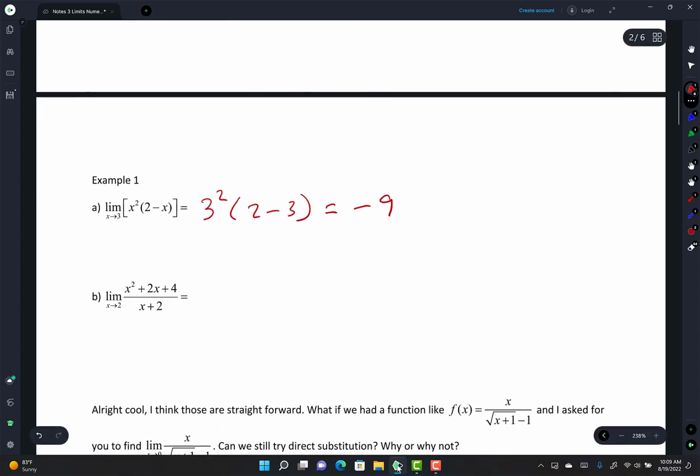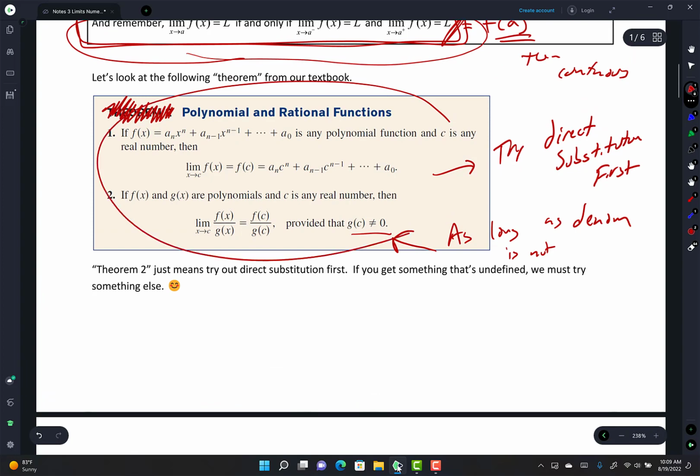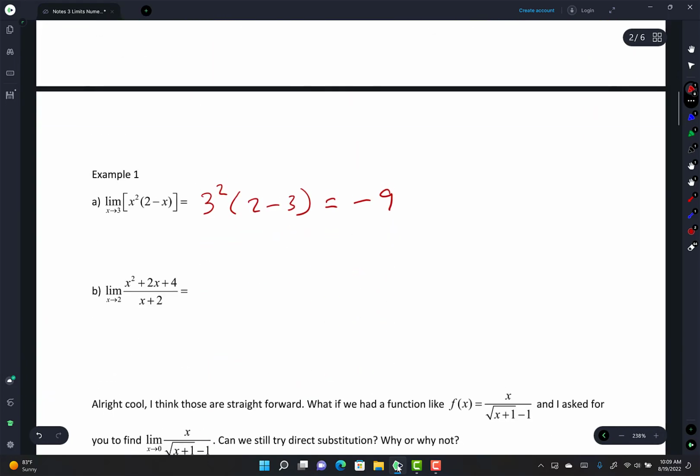Look at the next one. Can you do direct substitution on that one? Yes, as long as you don't get a 0 in the denominator. That's what this says. So we're going to go 2 squared. Notice that I don't put the word limit in front anymore because I'm actually solving it. There are just numbers now. 2 squared plus 2 times 2 plus 4 all over 2 plus 2.